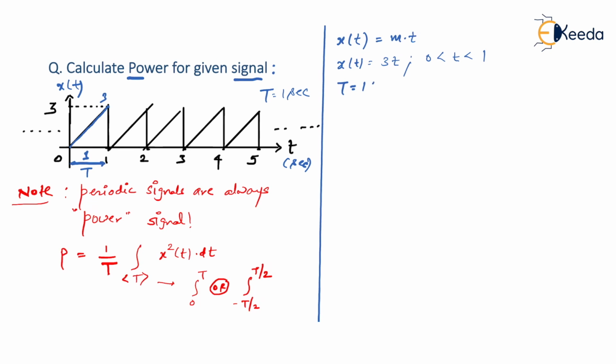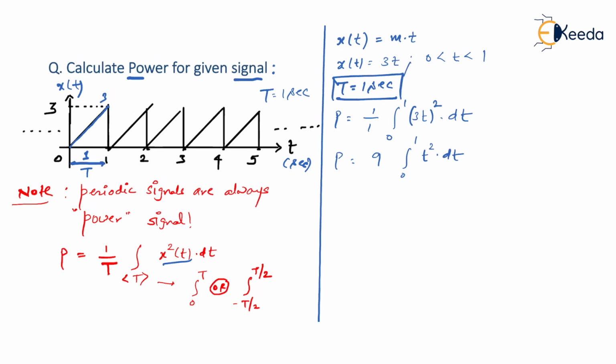Is that right? So now we have decided that T is equal to 1 second, and we will be integrating from 0 to 1. Finally, power is equal to 1 by T, and T is equal to 1, integral 0 to 1, 3t square, because we have to write x square of t dt. Now power is equal to, if I take 9 out, because 3 square is 9, and now we are integrating t square.